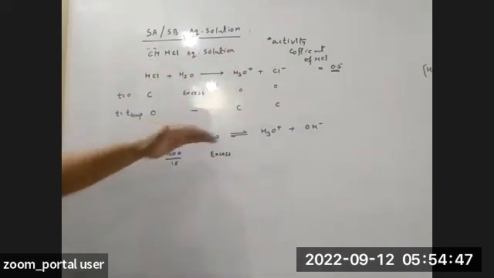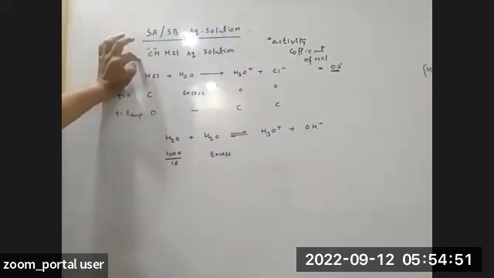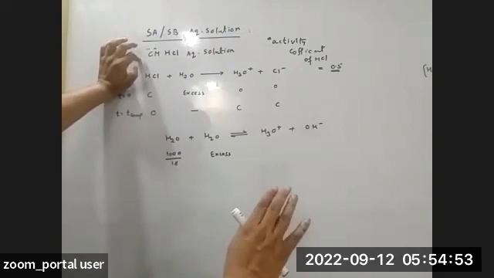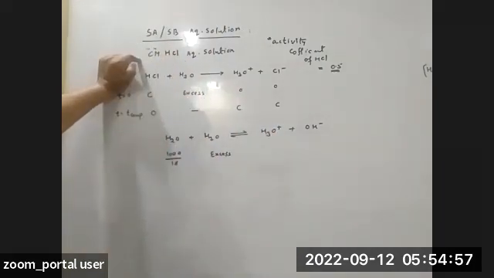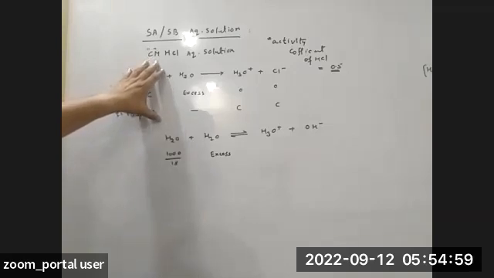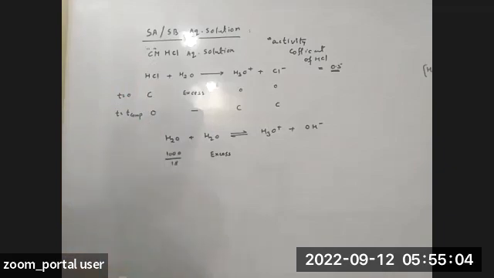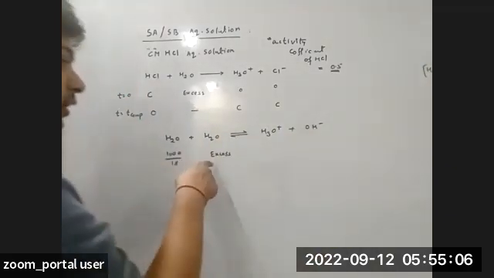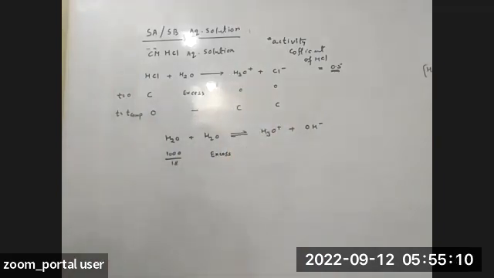Now, basically, what equilibrium are we having in this problem? You just identify the equilibrium reaction in the given problem. This is not an equilibrium reaction. The equilibrium reaction is this only. But what is the difference between pure water and this case? In this case, only H3O plus is given extra. Yes or no? The rest of the things are exactly the same.